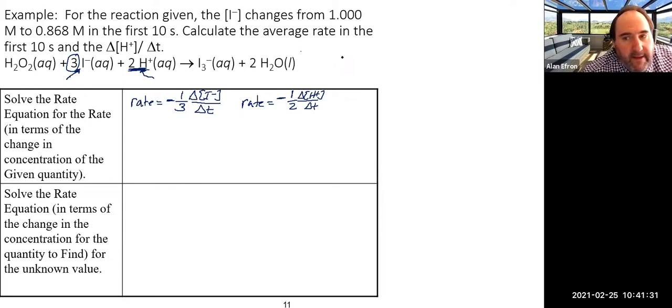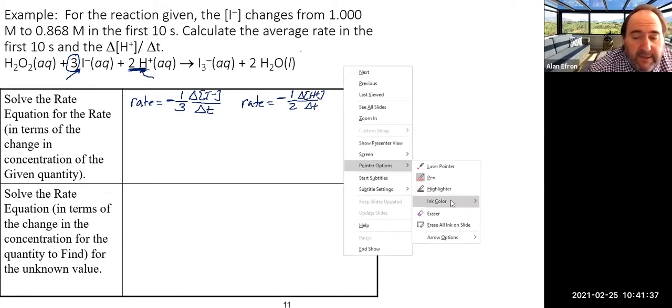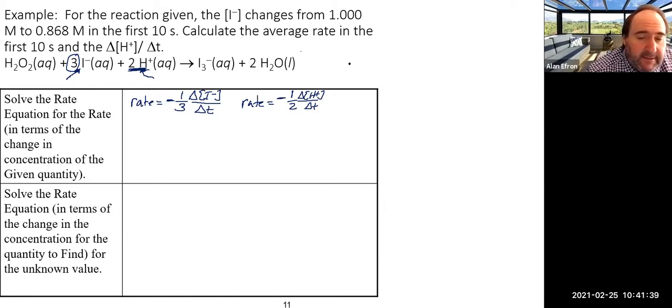Now, a couple of other pieces of information that are given to us are relatively important here. We're given the starting concentration of I minus, which is 1 molar. We're also given the final concentration of I minus, which drops to 0.868.